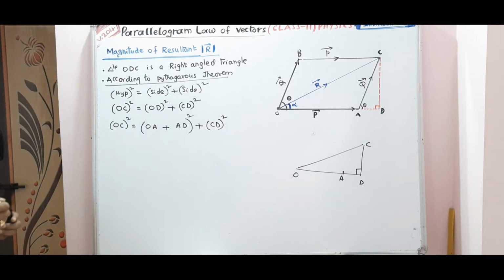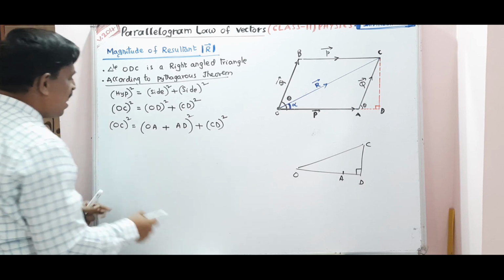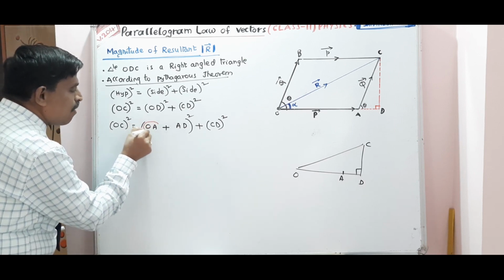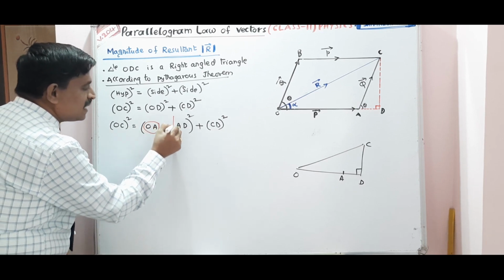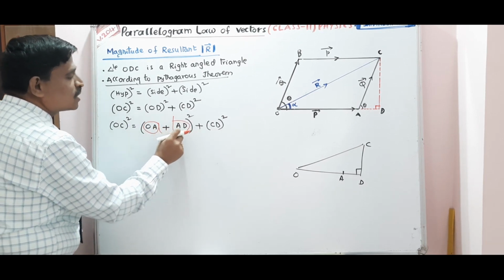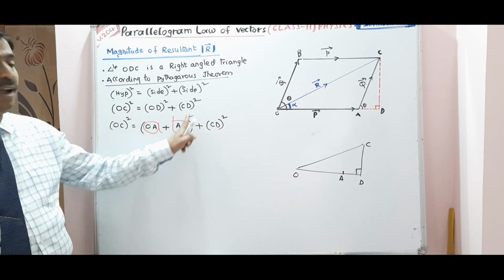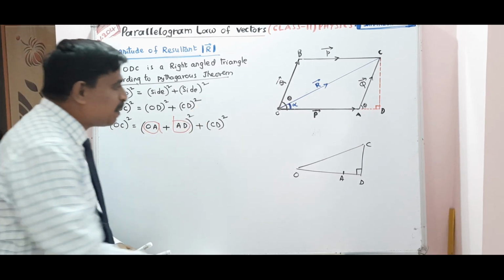Now please listen all the members. Now it is in the form of A plus B whole square.